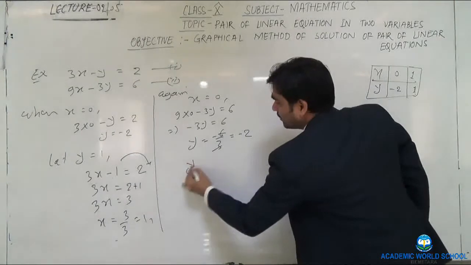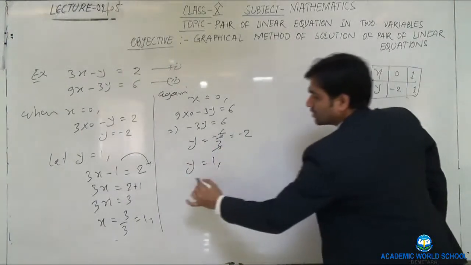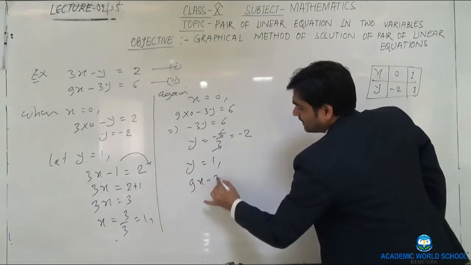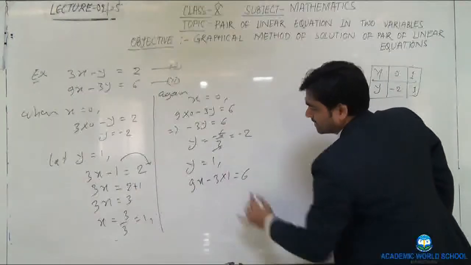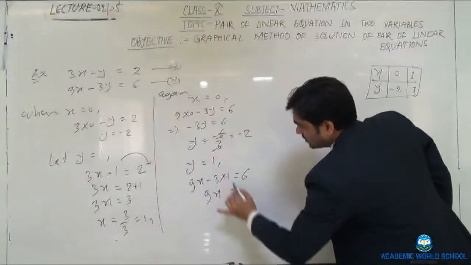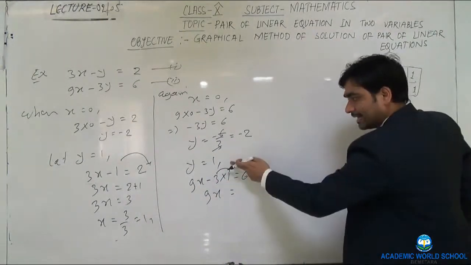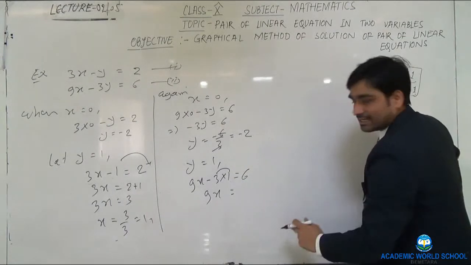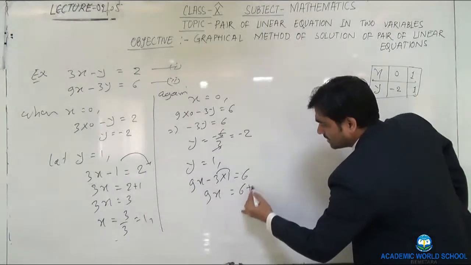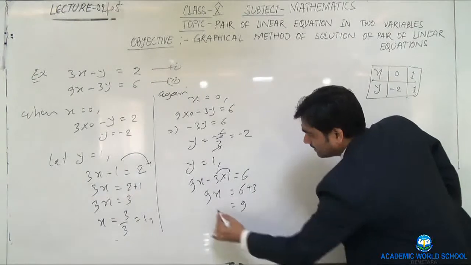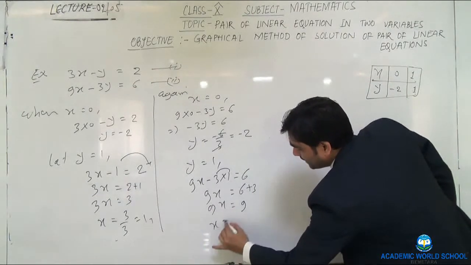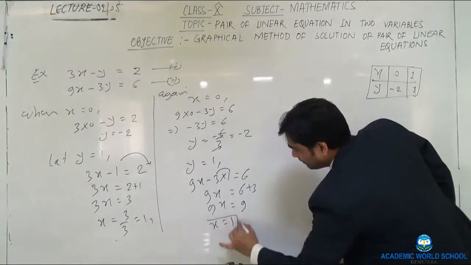Then again let y equal 1. So 9x minus 3 into 1 equals 6. So 9x equals 6 plus 3, which is 9, since the negative 3 transposes to the RHS. So the value of x will be 9 upon 9, which is 1.